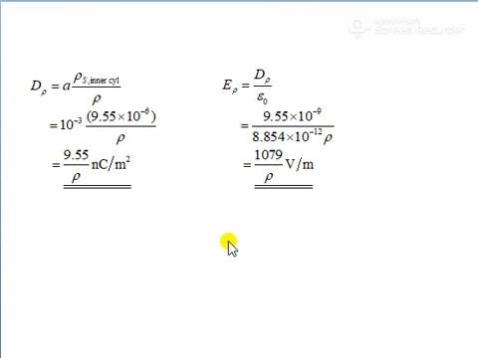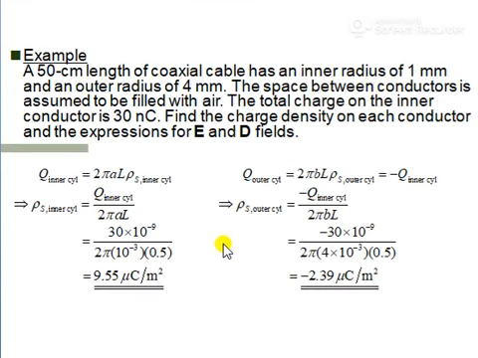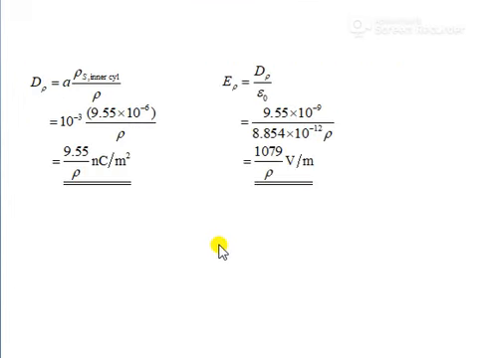Now we want the expressions for E and D. So D rho is equal to A rho s inner divided by rho. So that is 10 raised to minus 3 into 9.55 into 10 raised to minus 6 divided by rho. This will give you 9.55 divided by rho nanocoulomb per meter square.